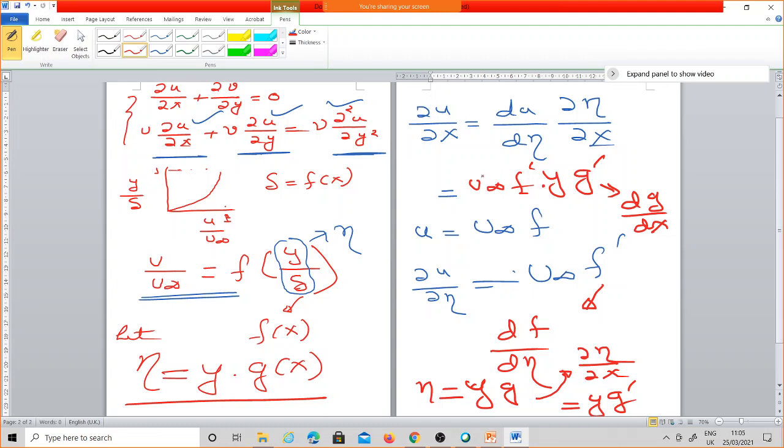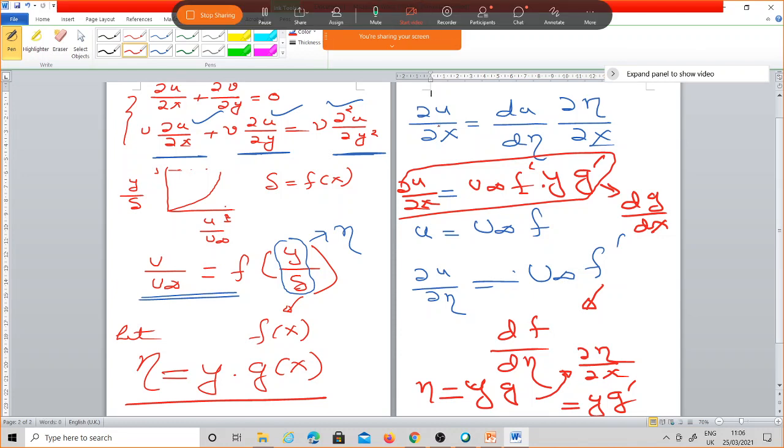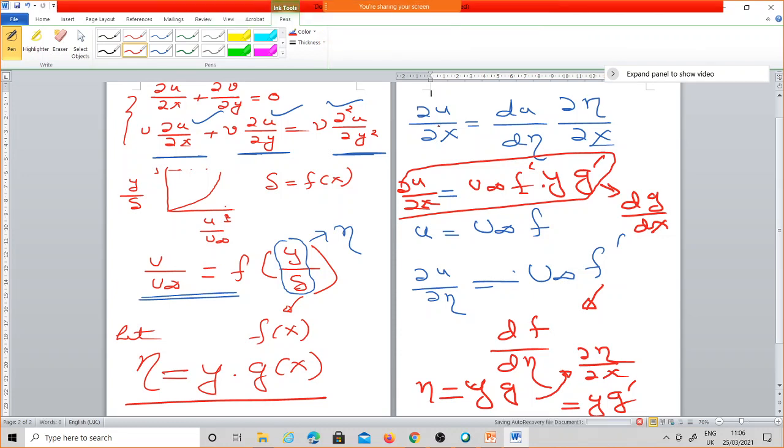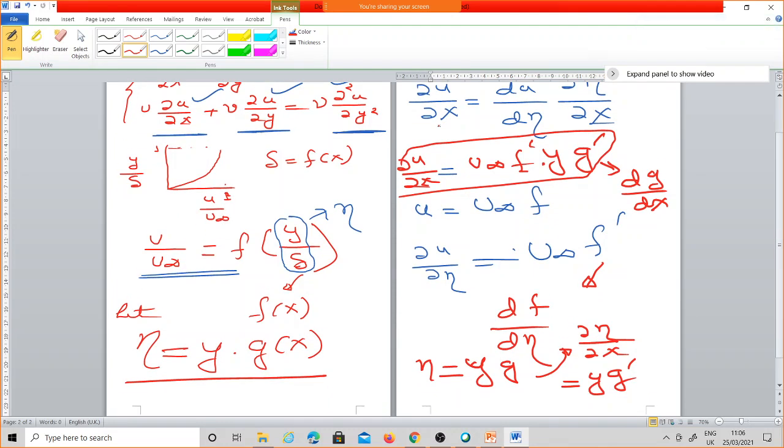So you will have del u by del x is equal to u infinity f prime y g prime. Clear, everyone? Okay, so if you note it down, already note it down, so I will continue.